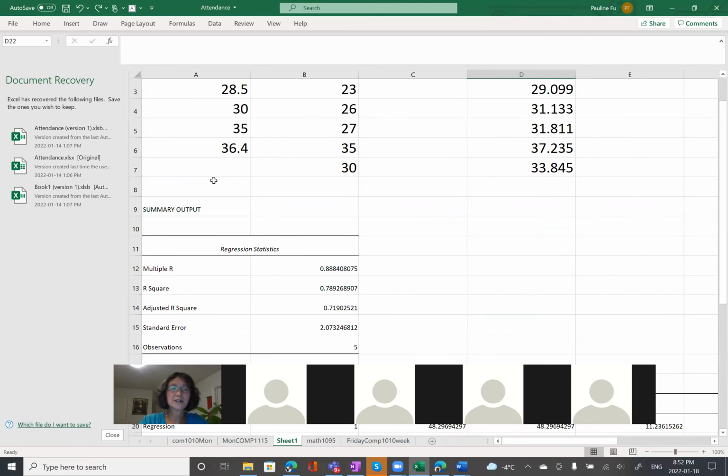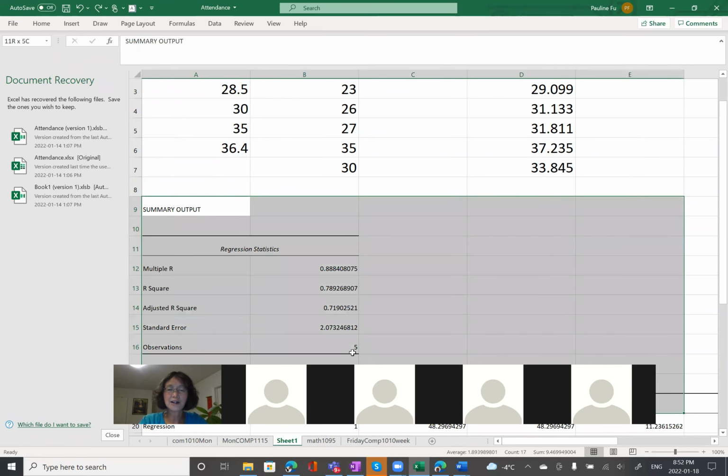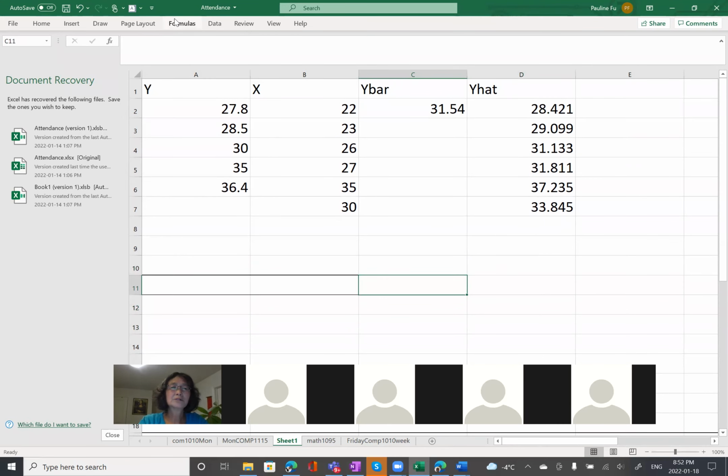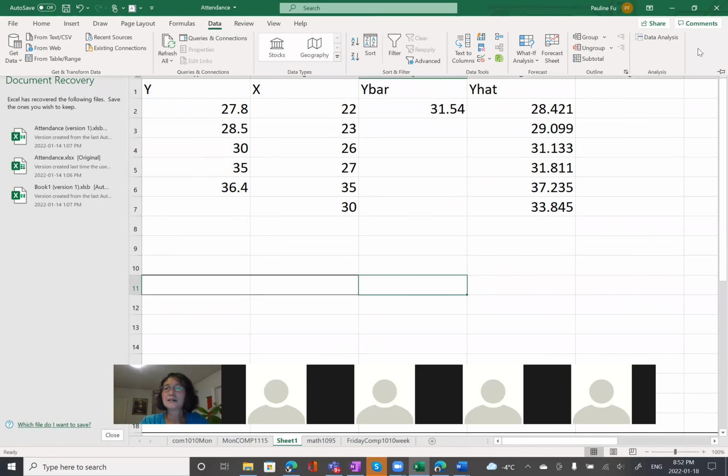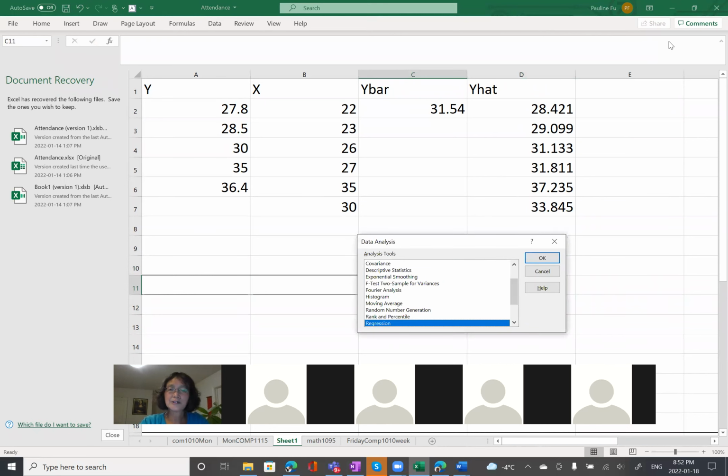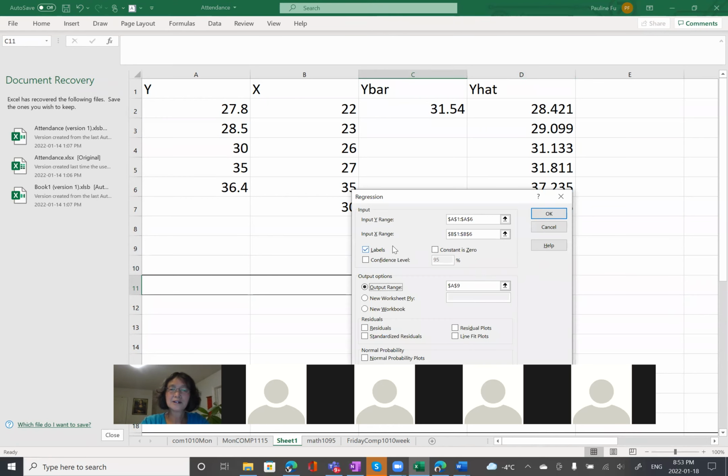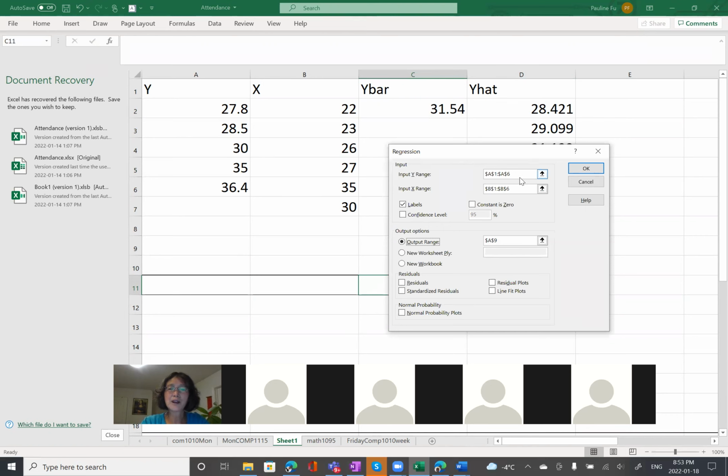I'm going to delete all the stuff I have done, the output. So go to Data Analysis, select Regression. Click the OK button. Now it asks you to input the Y range.